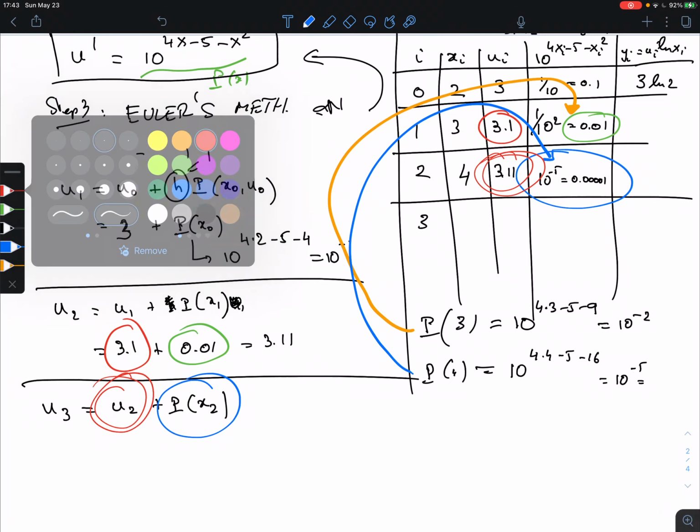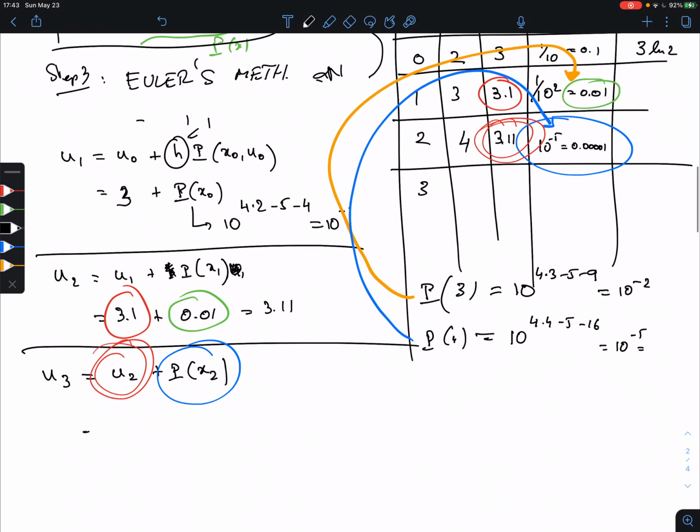So what we get is 3.11 plus 0.00001. So this is 3.11001. I hope I put the numbers correct here. Okay. So this is 5, and this is 3.11001. Now I only ask you to go up to here, so we don't even need to know this.